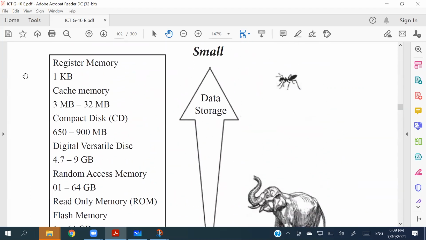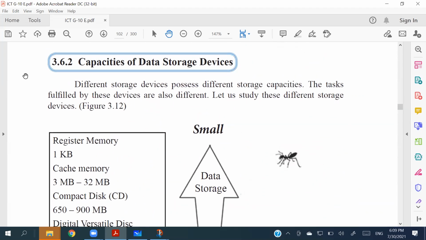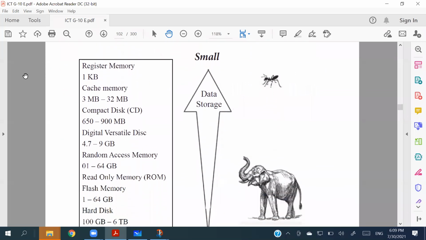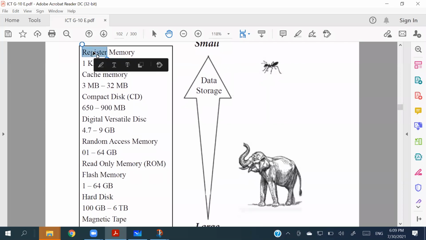So when it comes to the capacities, as you can see in the chart, they are talking about the register memory. The register memory is the memory that we find inside the CPU in the von Neumann architecture. You can remember, when we discussed the von Neumann architecture, we discussed three components inside the CPU: the control unit, the arithmetic and logic unit, which is the ALU, and the register memory, right?